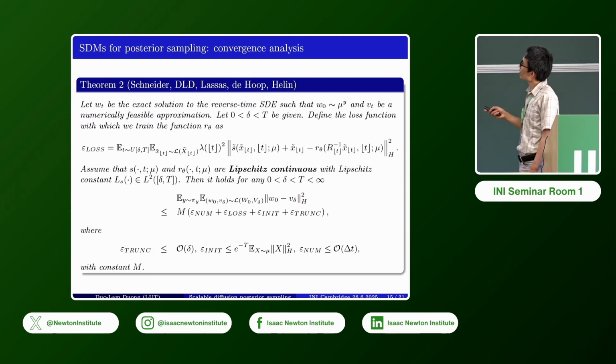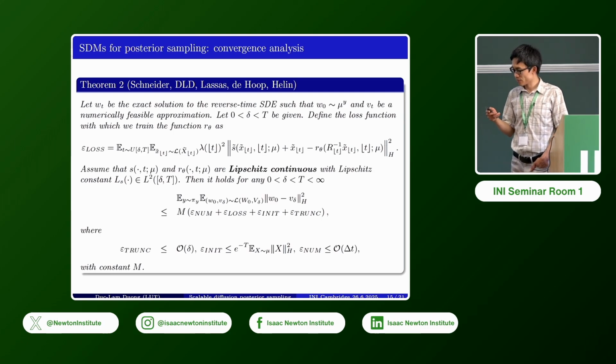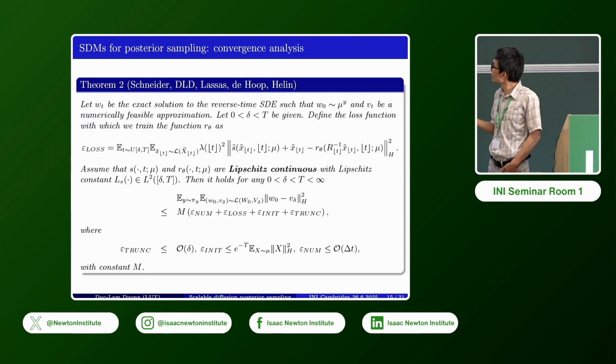All of these errors can be bounded quite nicely like this. So in some sense, it resembles a result of Claudia. Of course, I think our objectives might be quite different, but we have some similar results.